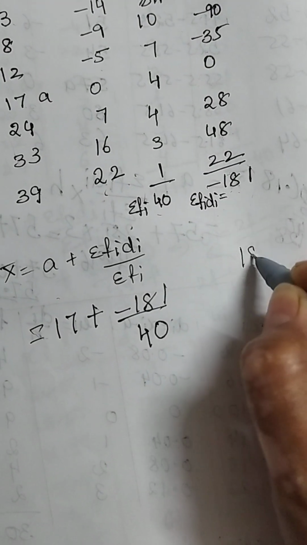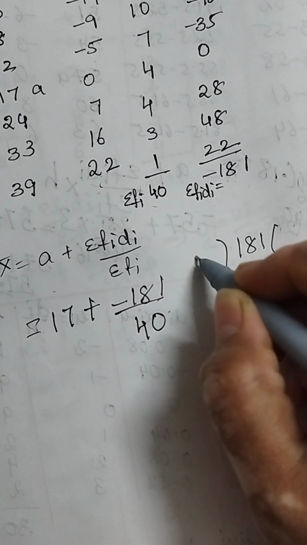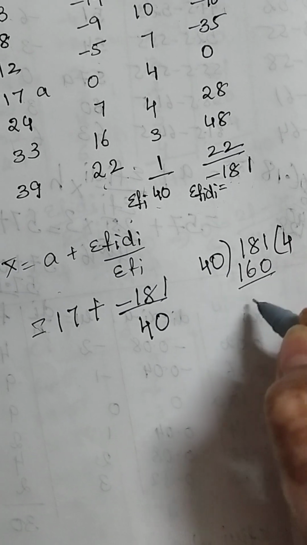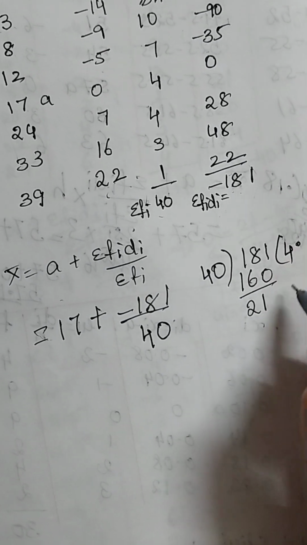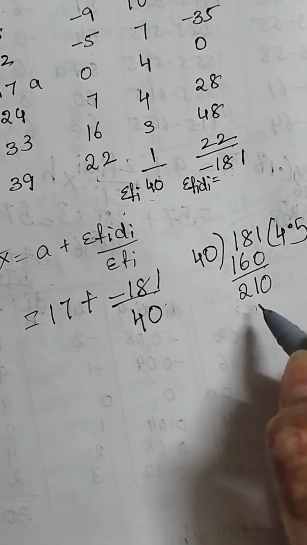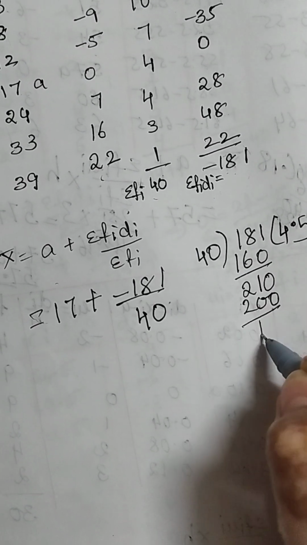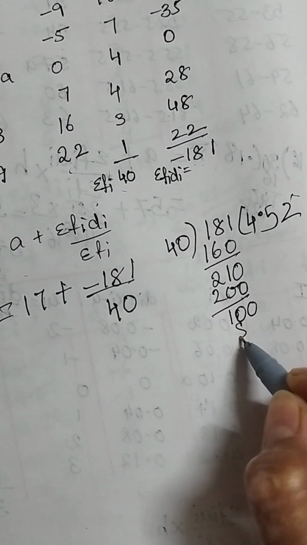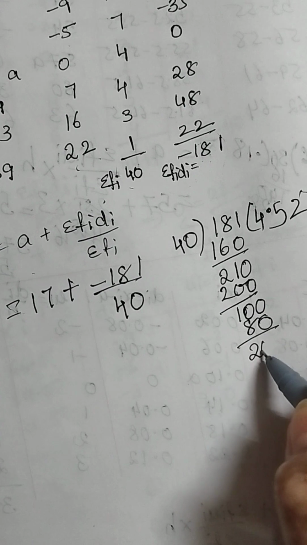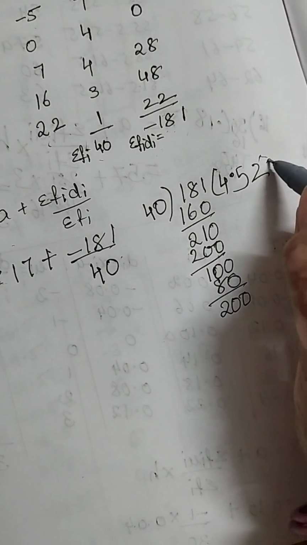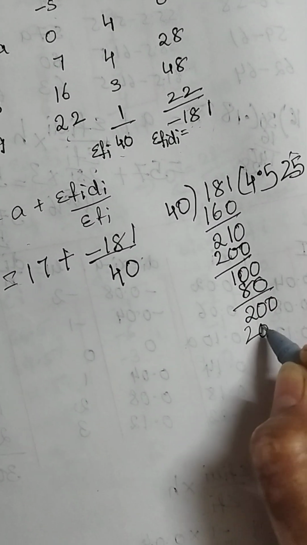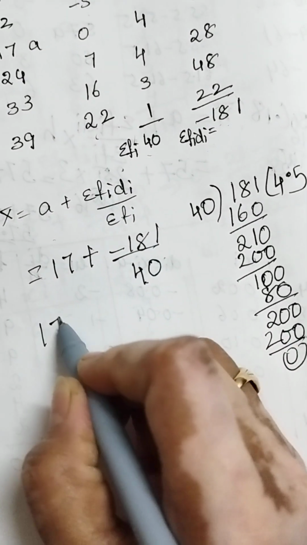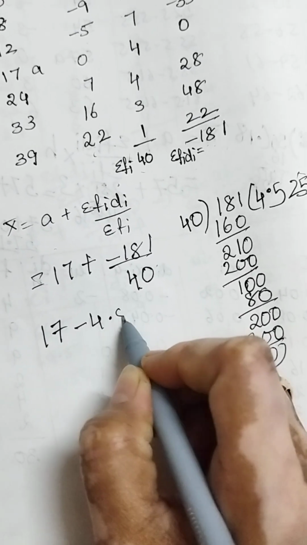So if you simplify, you will be getting the answer. So 181 with 40 you divide. 4 fours are 16, 0. Okay, decimal point, 0, means 5 fours are 200. Okay, so with 40 only I divided. What I got? 17 minus 4.525.